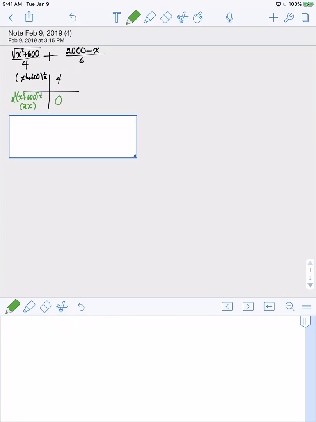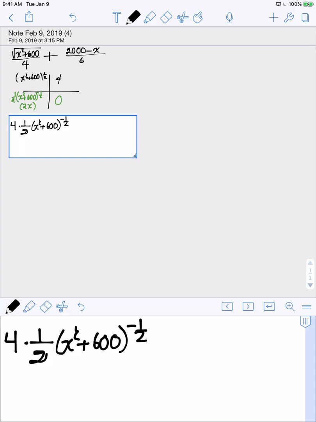And so the derivative of that first term is 4 times 1/2 times x squared plus 600 to the negative 1/2 times 2x, and it's minus 0, so I'm not going to bother putting the 0, over 4 squared, which is 16.